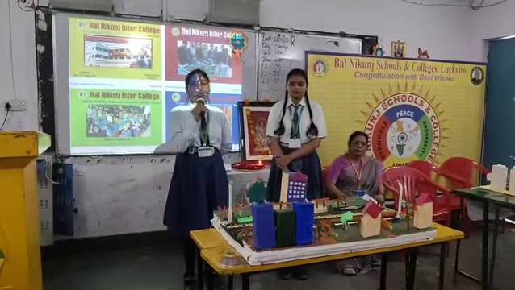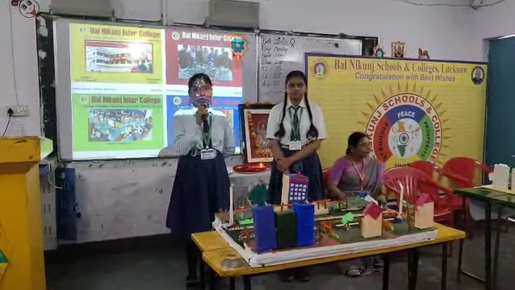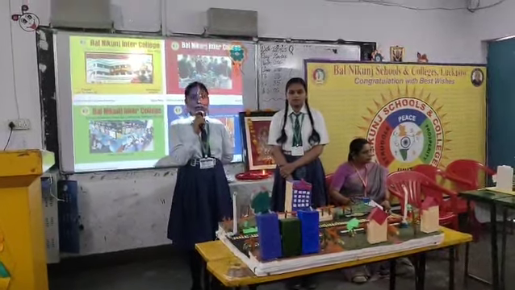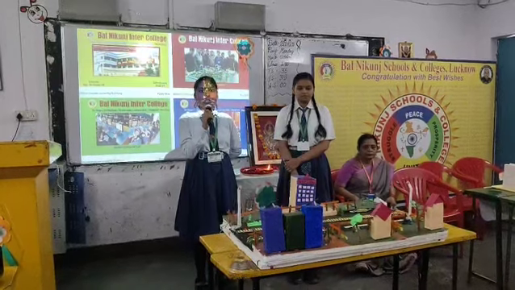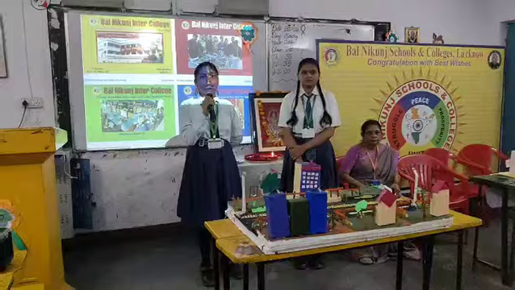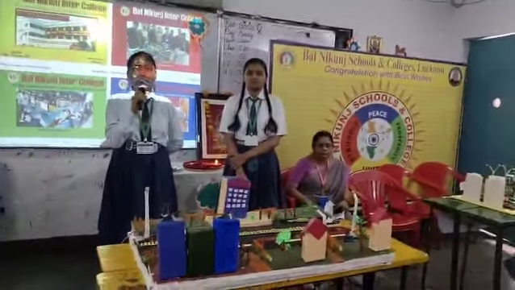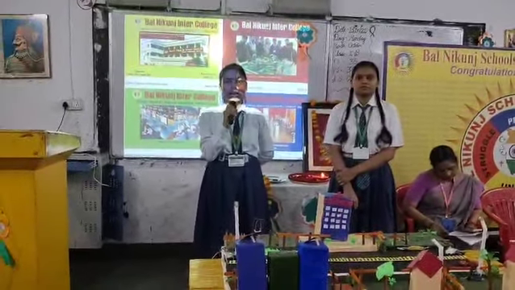Now I want to tell you about the working principle of this model. During the daytime, the resistance of the LDR is very low, so the LED lights are switched off. During the night time, the resistance of the LDR is high.